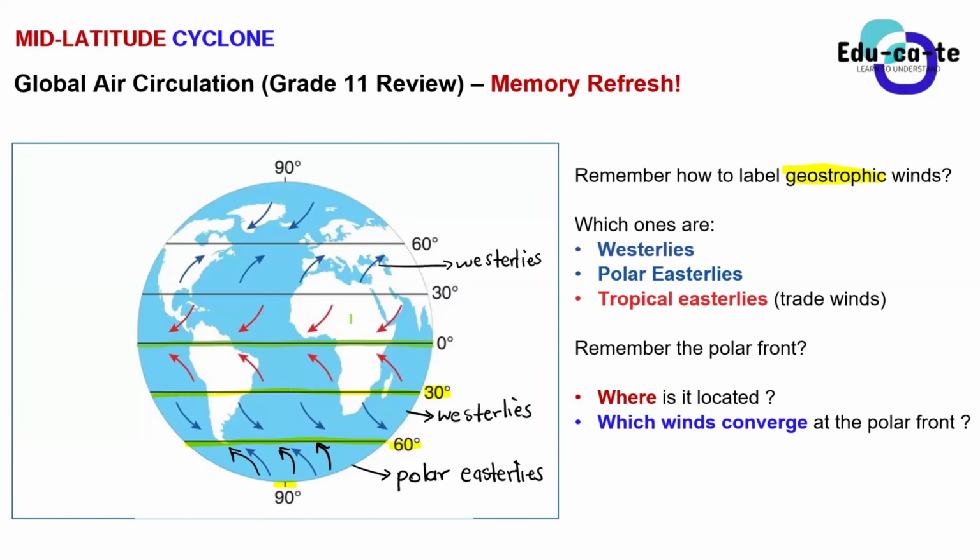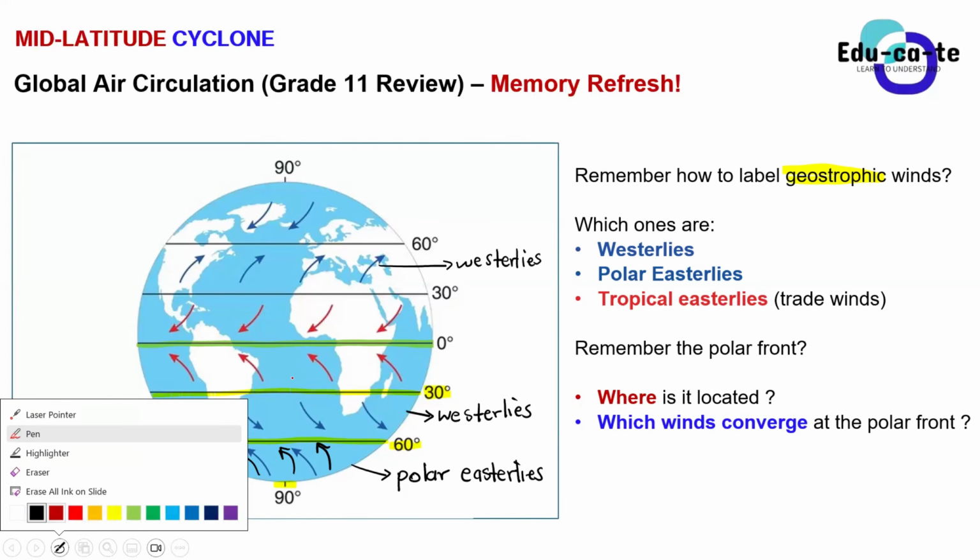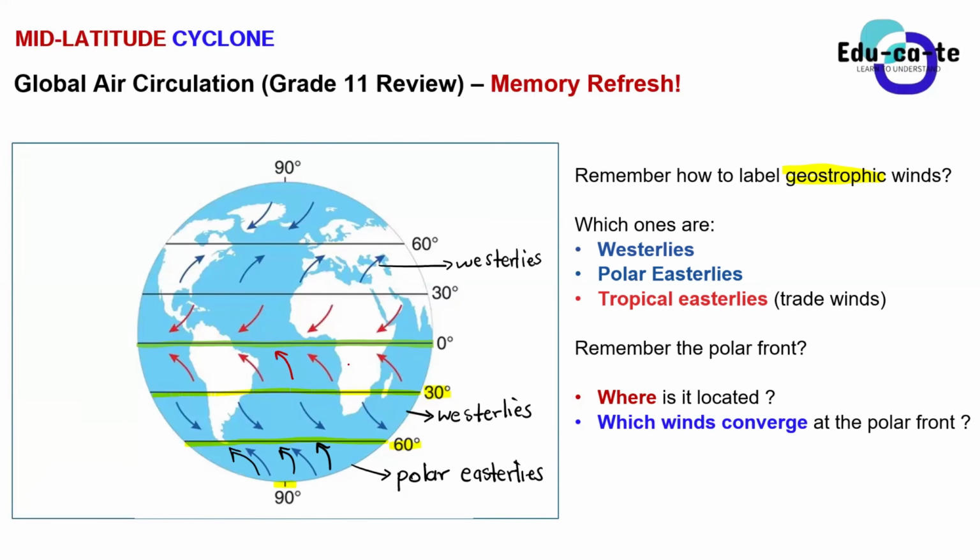So we are talking about these winds here, written in maroon or red. These are the tropical easterlies. They are otherwise known as the trade winds. If you are interested, you can research why they are referred to as the trade winds.